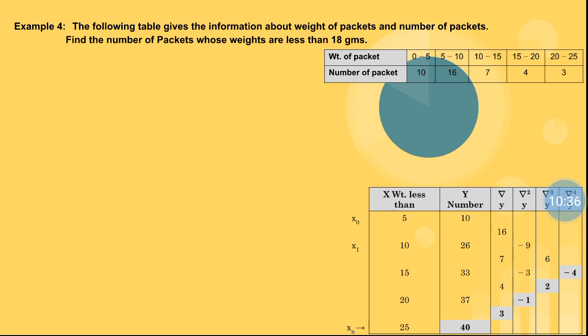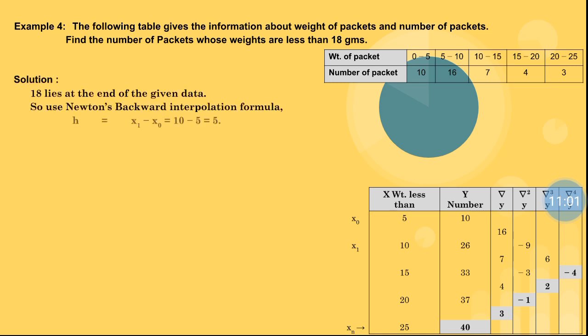Now here the weights less than 5, 10, 15, 20, 25 are given, and the numbers of packets are 10, 26, 33, 37 and 40. So these will be your values. Then again we are supposed to find for 18. 18 is towards the ending, so we apply Newton's backward interpolation formula. Step 1, construct the difference table.